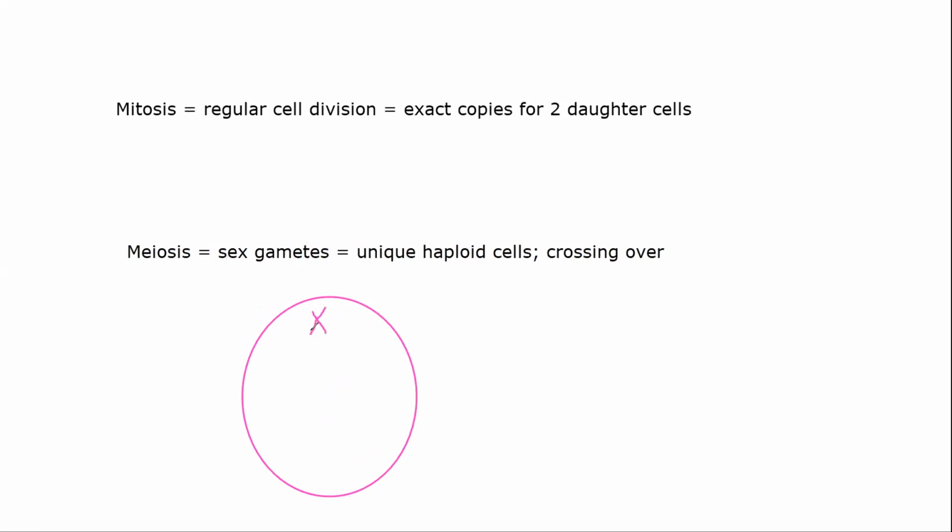I'm just reminding you that where they line up along the metaphase plate is completely random. You could have this, or you could have any of these pairs flip-flopped in the middle to have the other one on the left and the blue on the left and the pink now put to the right. So you get mixing of genetic information just from how they line up on the metaphase plate.